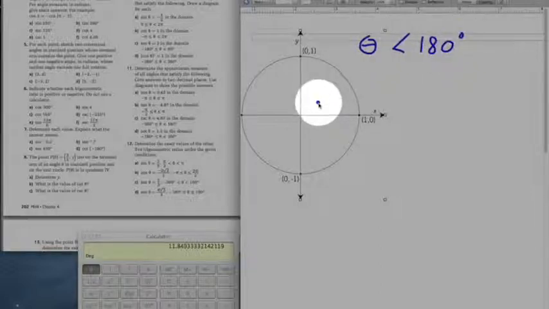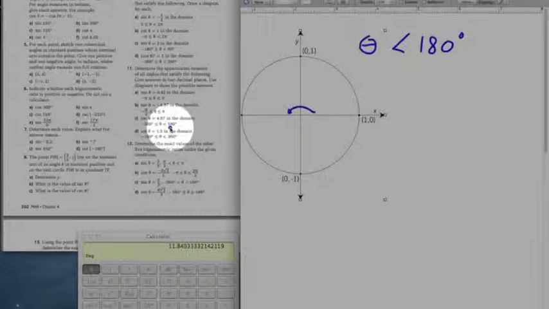So when they talk about this, this is for everything here. So if it actually worked out that it was on 180 degrees, that wouldn't count because they're only saying less than 180 degrees. So if it actually was on the 180 line, it'd have to be 0. That wouldn't happen. But if it was, you can't include it because it's less than.